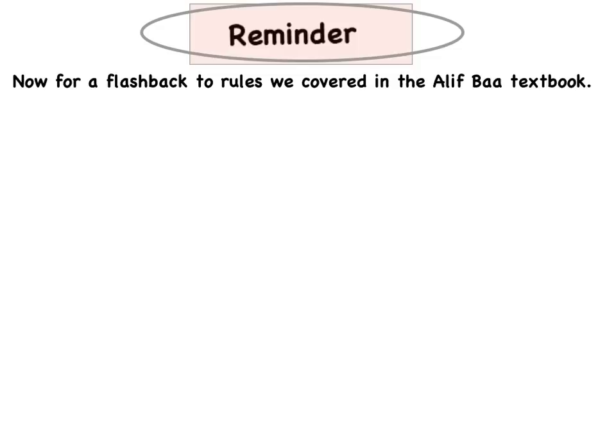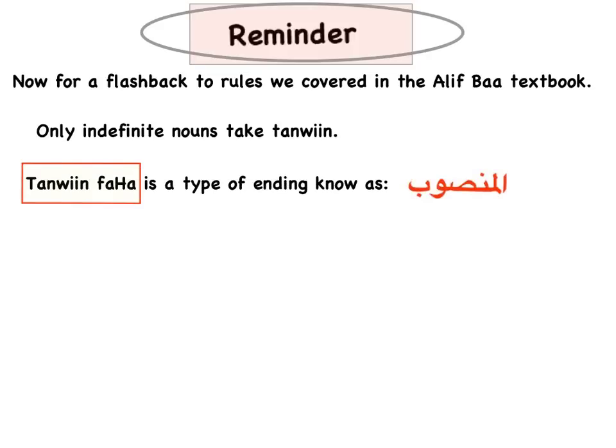Now for a flashback to rules we covered in the Alphabet textbook. Talking about tanween, only indefinite nouns take tanween. That means nouns with no alif lam or idafa take tanween. Nouns that are not definite. And tanween fatha, of course, is a type of ending known as al mansoub.